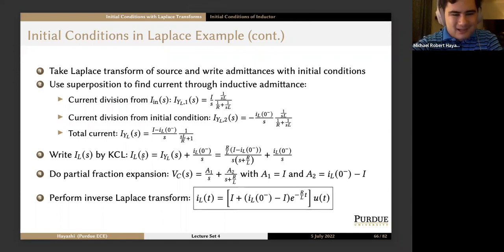So by KCL, iL of s is equal to the inductive admittance current plus the original current. So that's equal to, by simplification, R over L times quantity I minus iL0 minus all over s times quantity s plus R over L, which was our bit right here, plus iL0 minus over s.